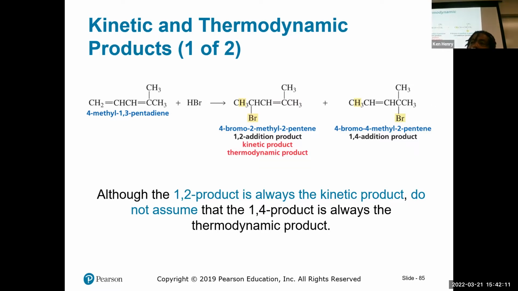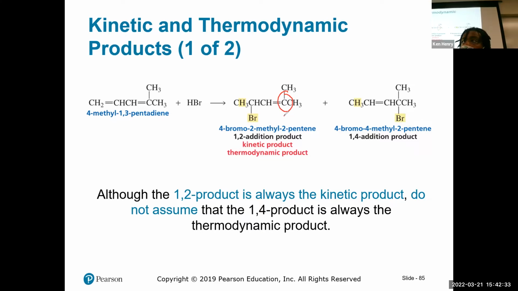It's SP2, and it's more stable. What would be the SP for this one? It's already at SP2, so it's already there.